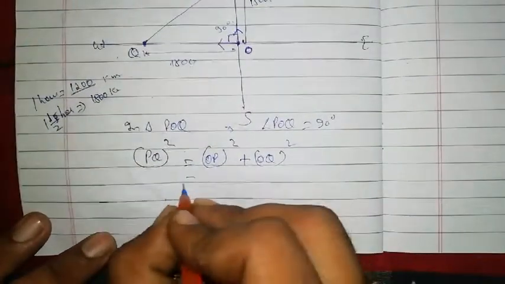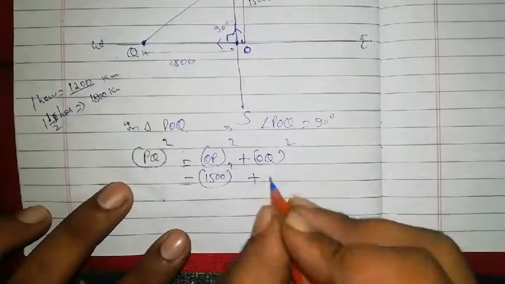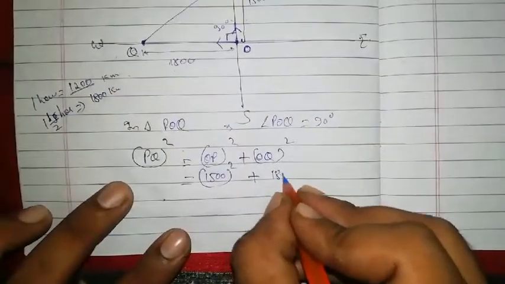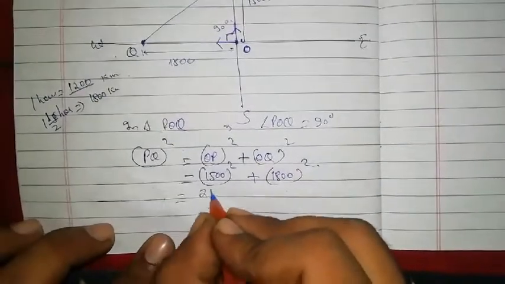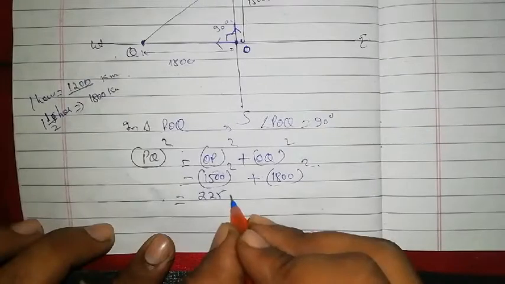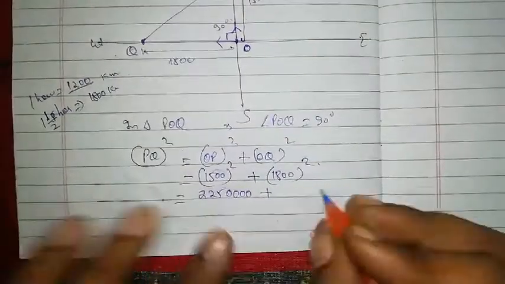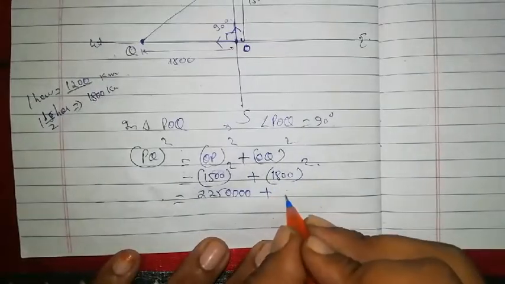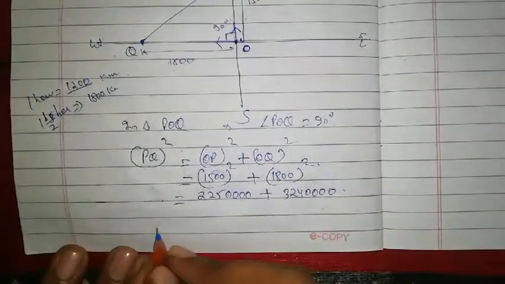This we have to find. OP is 1500 whole square plus this is 1800 whole square. Now 15 twos are 225, and here we have 4 zeros, plus 18 eights are 324 and 0 0 0 0, okay?